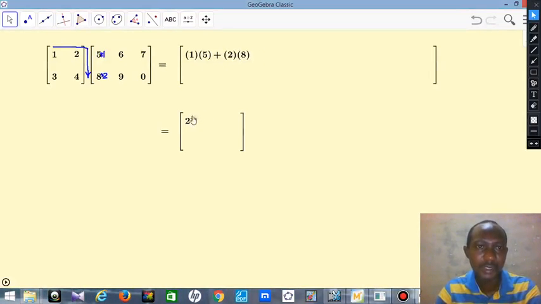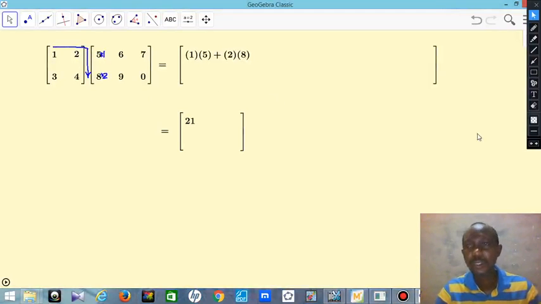That will be the answer for the first element in the multiplication. Please take note, it's very, very important. Take note of this procedure: 1 times 5, 2 times 8. Add the answer and write it down in your next line. And this is how we move. You move like this and you come down. So this will come down, 1 will come up. So take note of this.